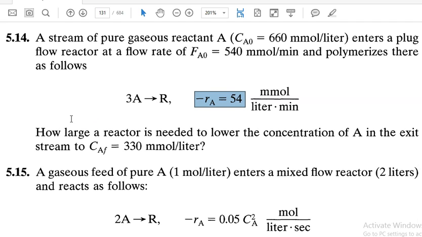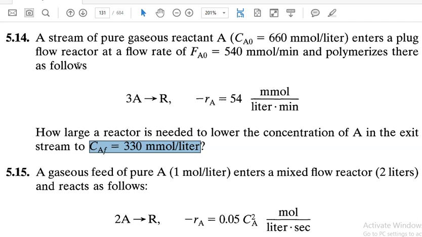What do we need to calculate here? How large a reactor is needed, so we need to calculate the volume of the reactor. For what purpose? To lower the concentration of A in the exit stream to Ca equal to 330 millimole per liter.